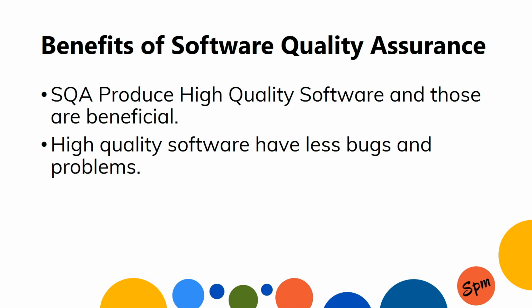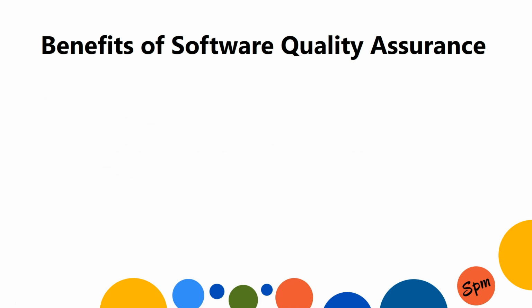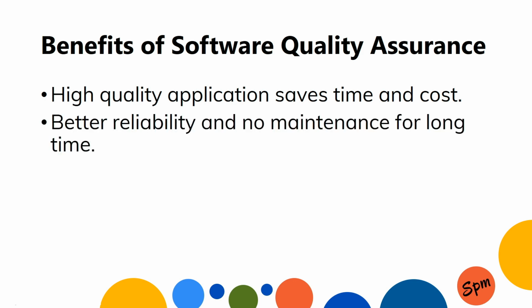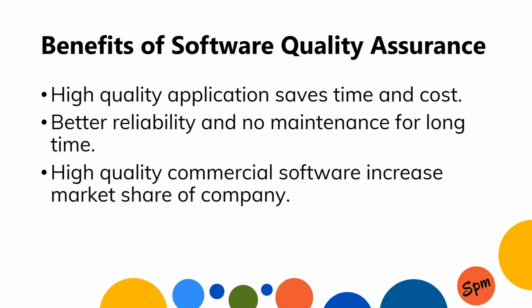So at the end, high quality applications save time and cost. Also, as an indirect benefit, it will eventually increase the market share and integrity of the company, which will be beneficial in the long run.